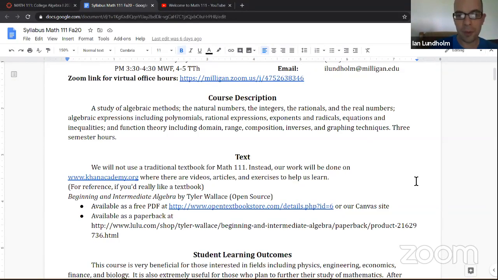So if you are comfortable with algebra topics, you may start into Khan Academy, which we're going to use for this class, and make a lot of progress real fast. Actually, in this class, it's possible to finish early. If you finish all of the course requirements and you achieve mastery of all of these topics, I would be happy to approve what you've done and wish you well in the future, whatever math you might be doing.